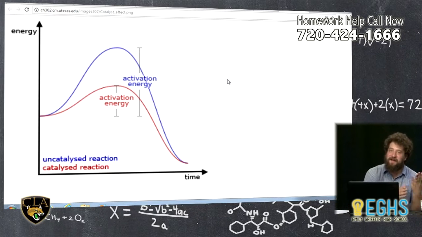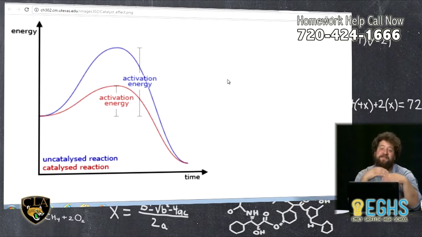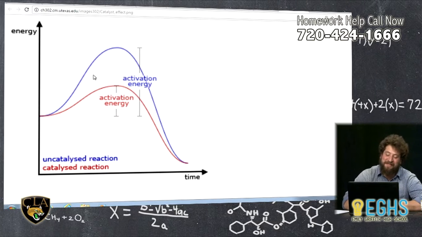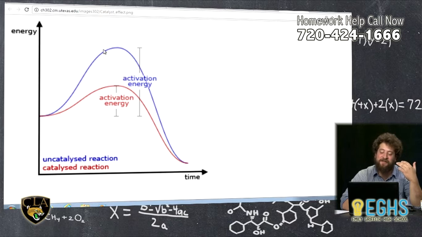On the left side, on the y-axis, you have the energy required to make this reaction happen, and on the x-axis you have time from left to right. So as time passes, how the reaction goes. And what this is essentially saying is, if you have an uncatalyzed reaction, a reaction without a catalyst, without a chemical that's going to help, the energy needed is much higher.